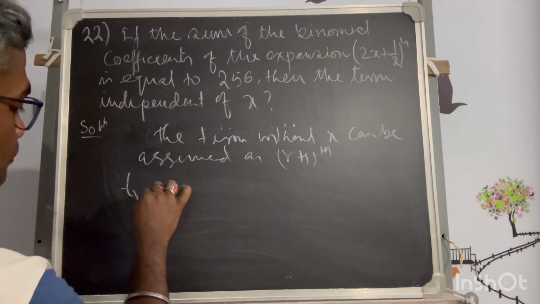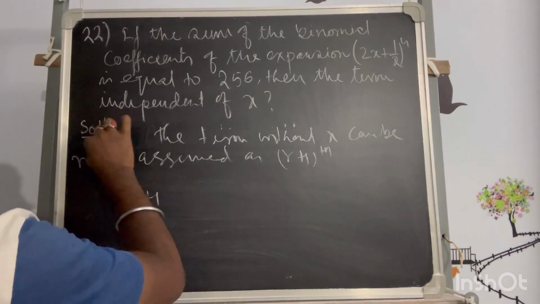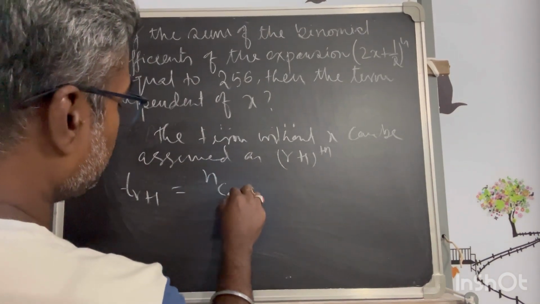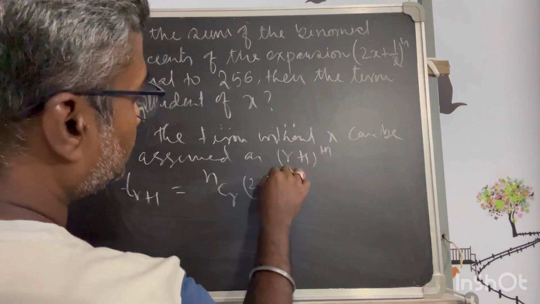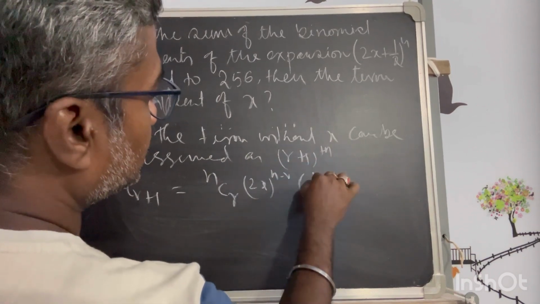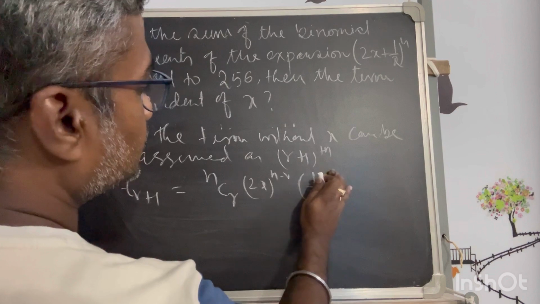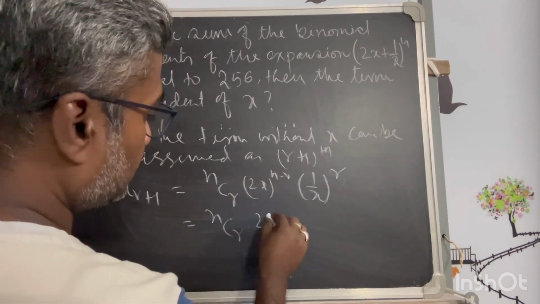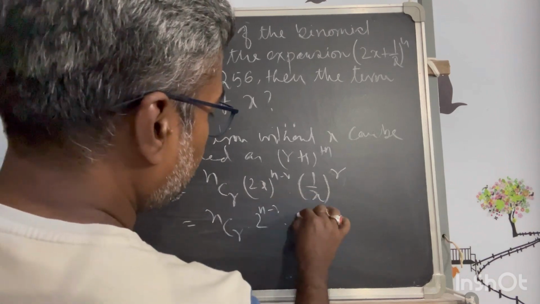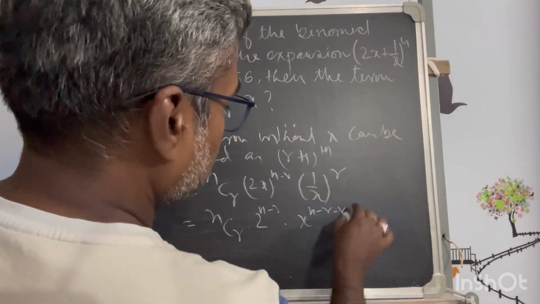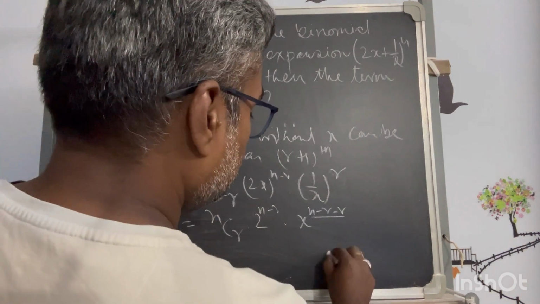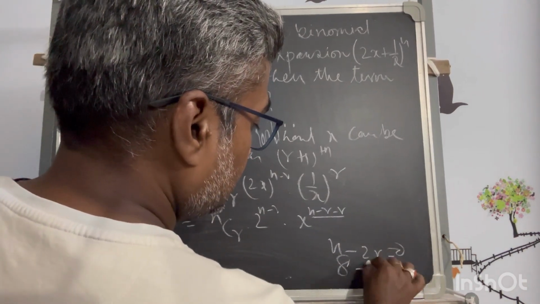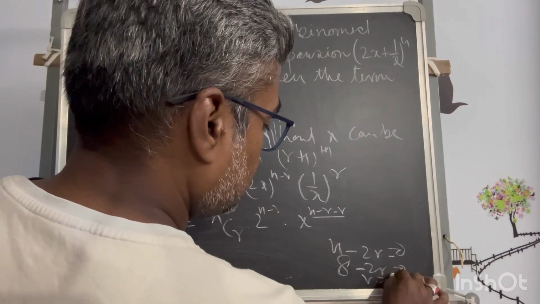So T(r+1), where n is 8, is equal to nCr (2x)^(n-r) into (1/x)^r. Taking out the constants, the power of x is n minus r and minus r, and this is equal to 0. So n minus 2r is equal to 0. With n equal to 8, 2r is equal to 8. That means r is equal to 4.